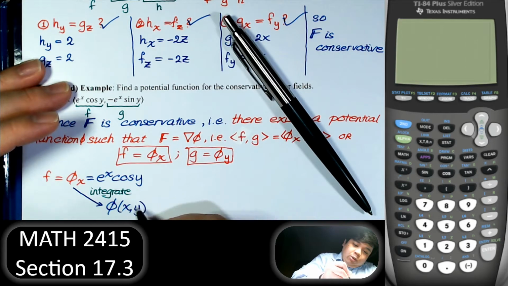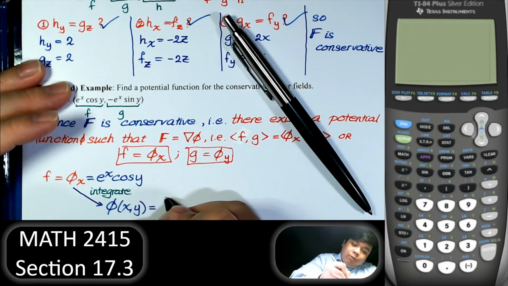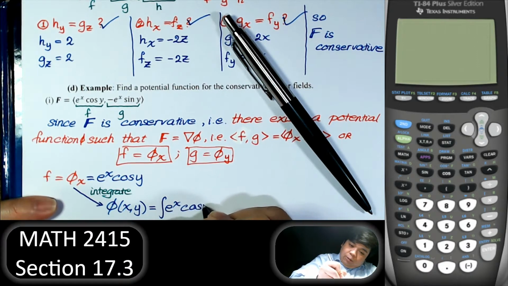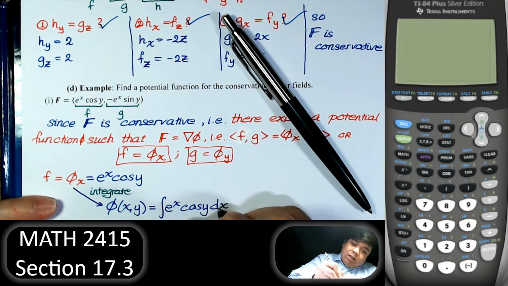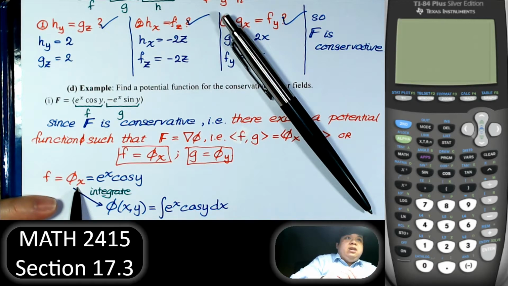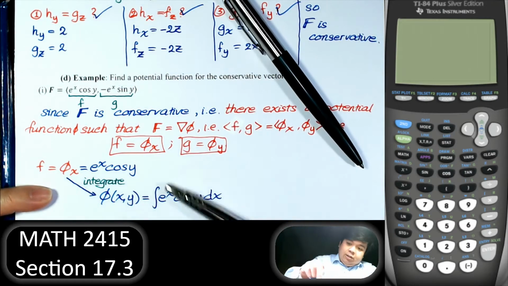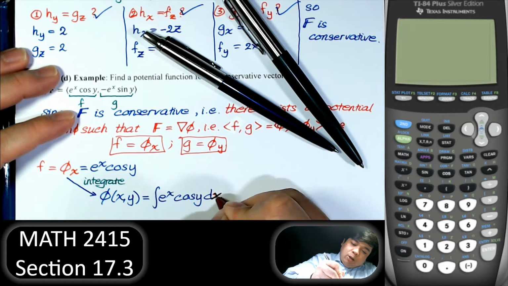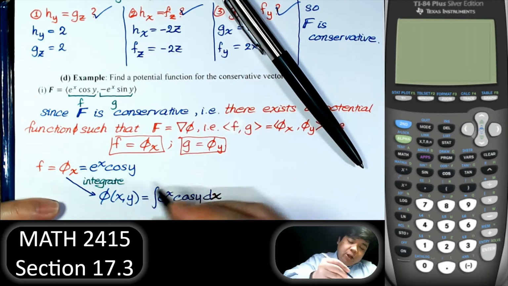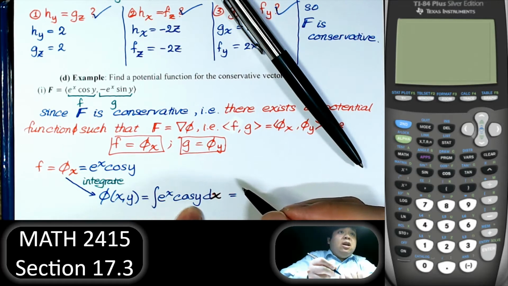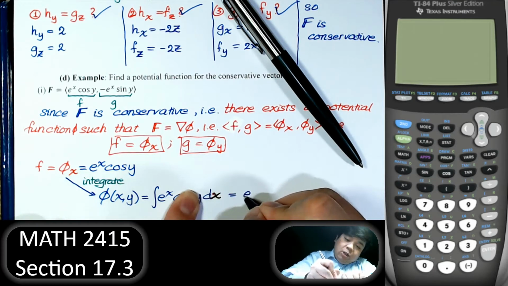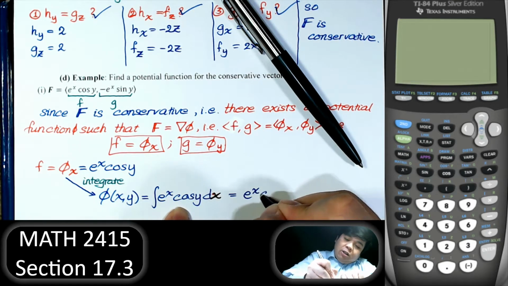To undo it, we will integrate that function with respect to x. So if we have a derivative with respect to x, we integrate with respect to x to undo it and get back to the function. This is a function where x is the variable, and cosine of y is a constant. So the integral of e to the x is e to the x, and then that constant.